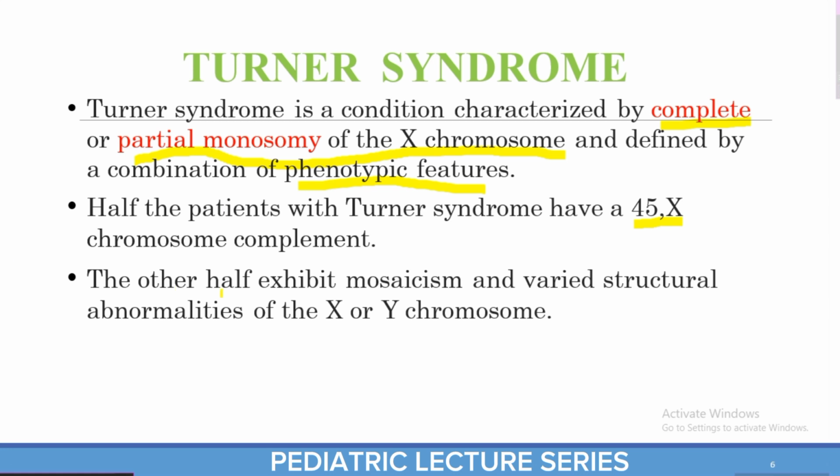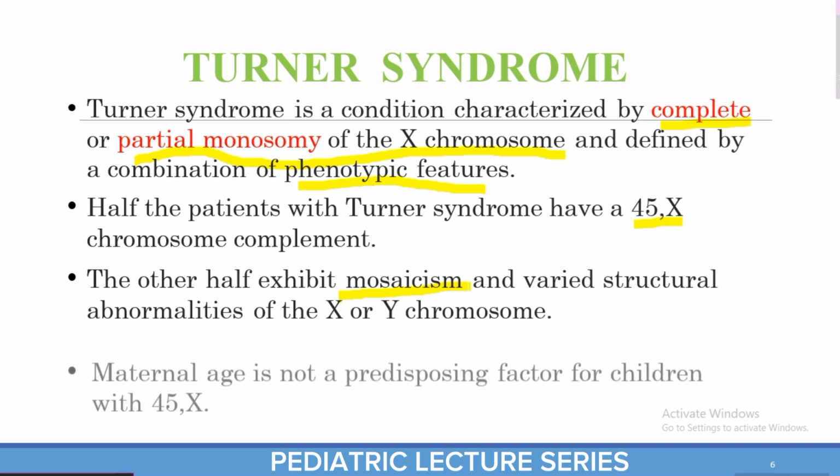Mosaicism is whereby within the same individual some cells have the X and Y chromosomes, while other cells do not have the normal number of chromosomes. In this case, they are missing the X chromosome.